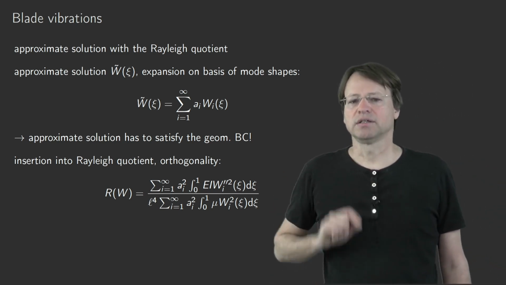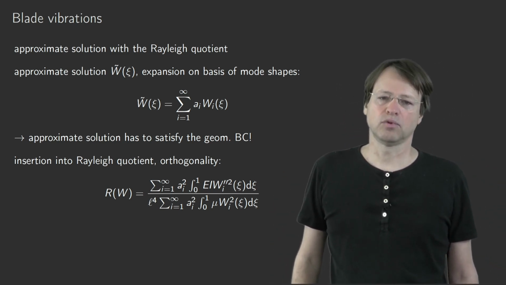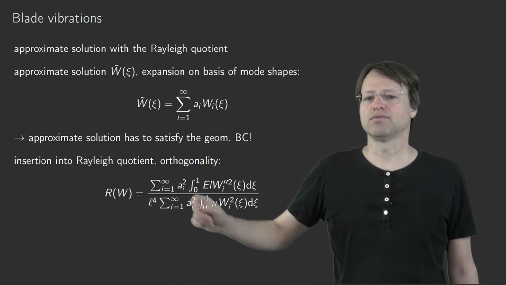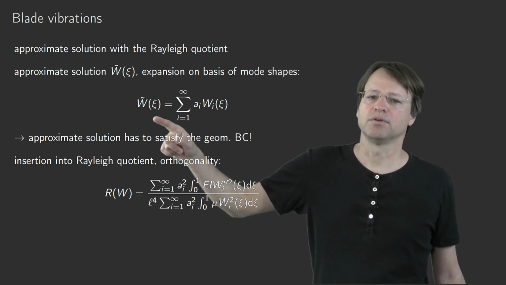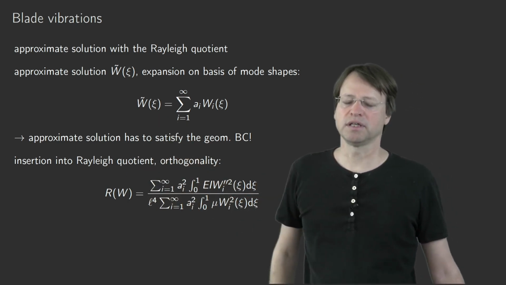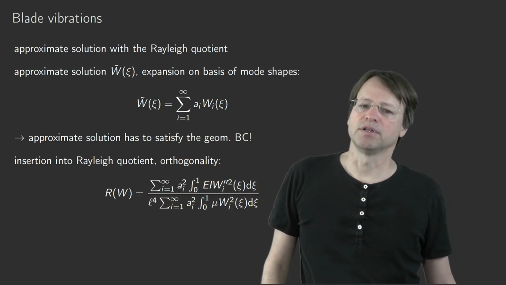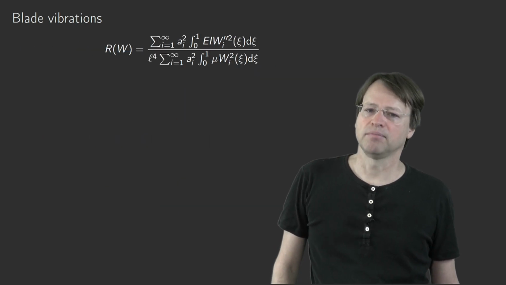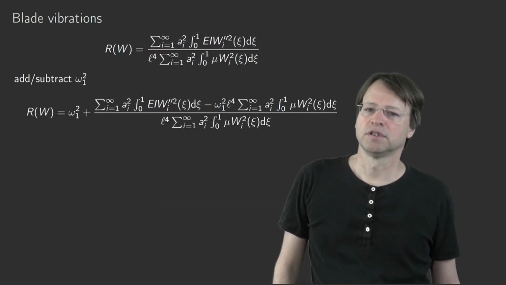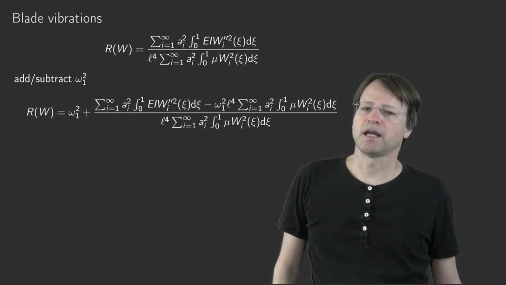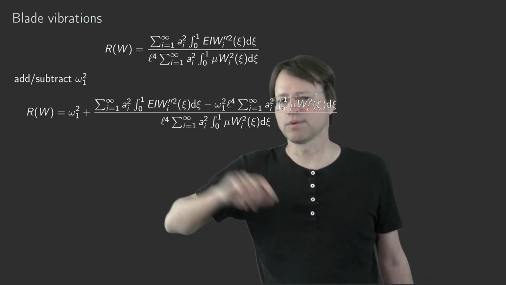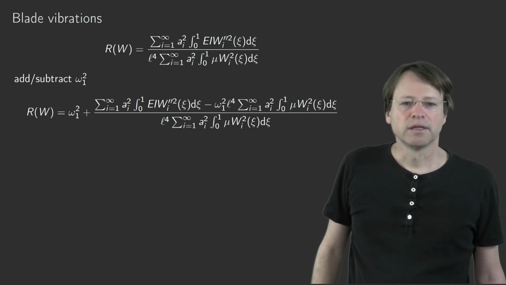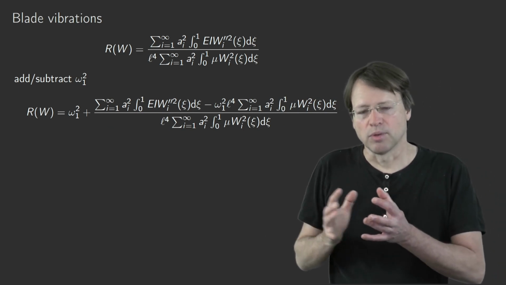Let's study this modified Rayleigh quotient, so the Rayleigh quotient not for W, but for W tilde, in more detail. So let's add and subtract to this an omega 1 squared in order to show the relationship with respect to omega 1 squared.